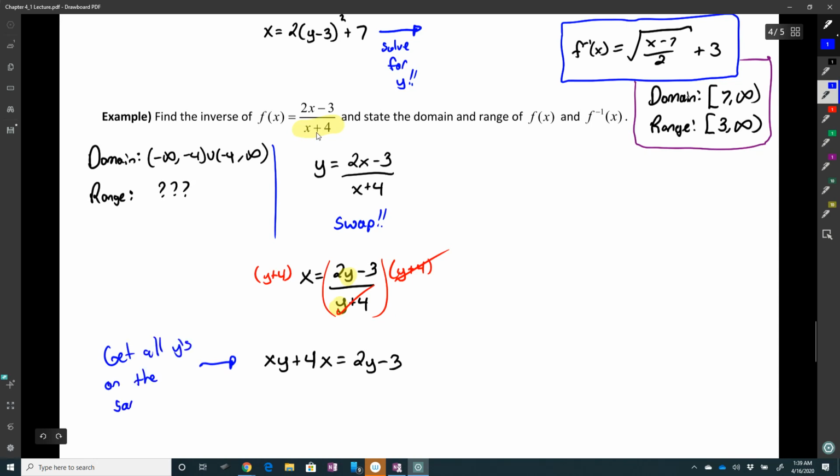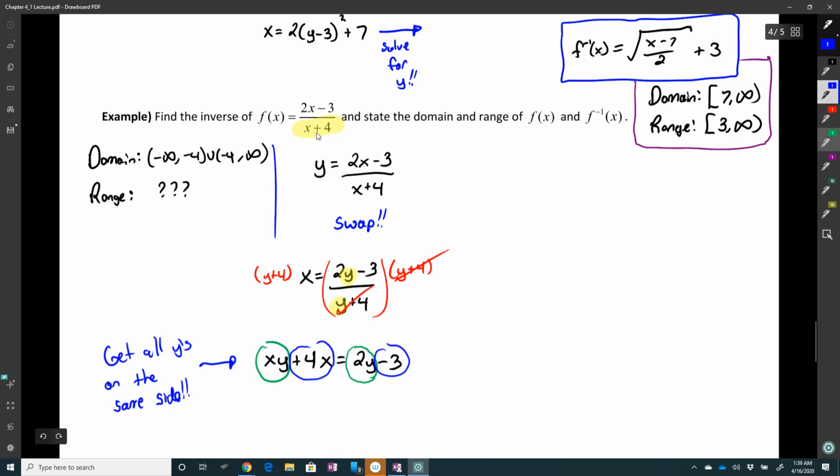So what I'm going to do is get my y's on the same side. Here are my y's. Here are the things that aren't y's. And you just want to get everything on the same side.